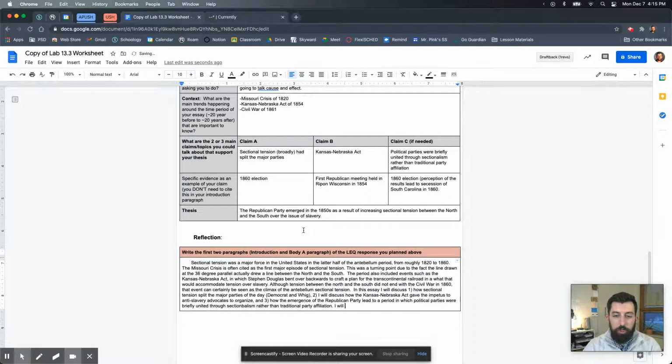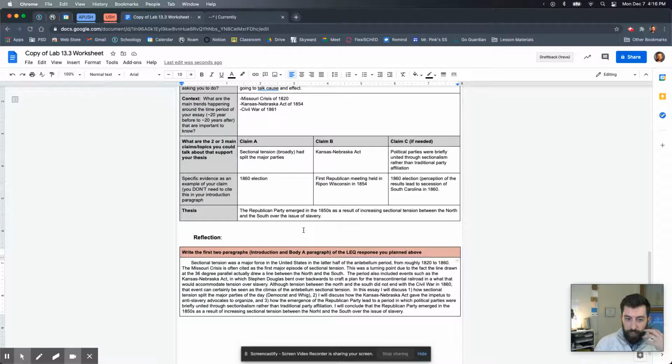I will conclude that the Republican Party emerged in the 1850s as a result of increasing sectional tension between the North and the South over the issue of slavery. Perfect. Okay, so that's my introduction paragraph. I have provided context, I have outlined my claims, and I have stated what I'm going to argue as my thesis.